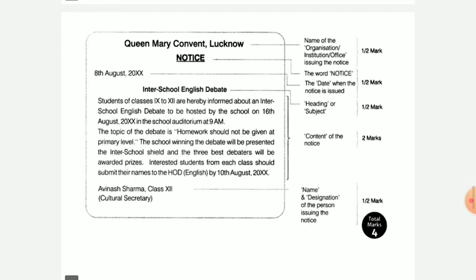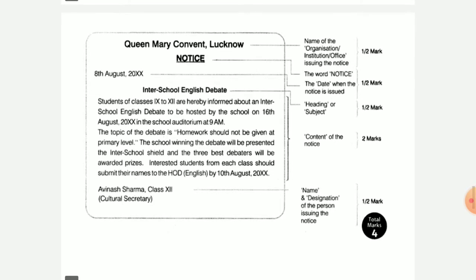That is the name of the organization or institution issuing the notice. It has a weightage of half mark, as you can see. Then the word notice is written. Along with that, the date has been mentioned, 8th August. Then the year can be specified in this way. The date when the notice is issued is also worth half mark.